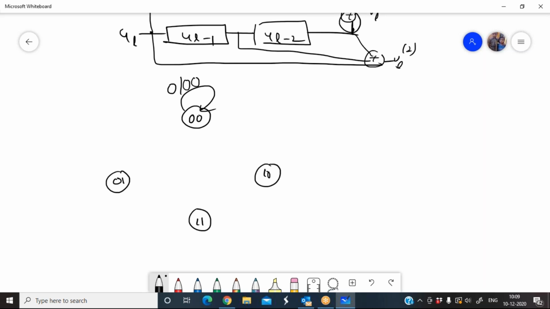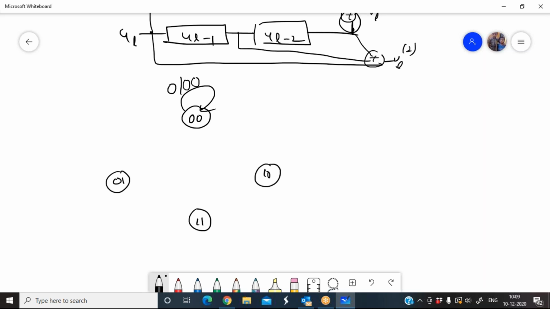What about the next state? 01, sir? Output is 11 and next state is 10, I think, right? Sure?